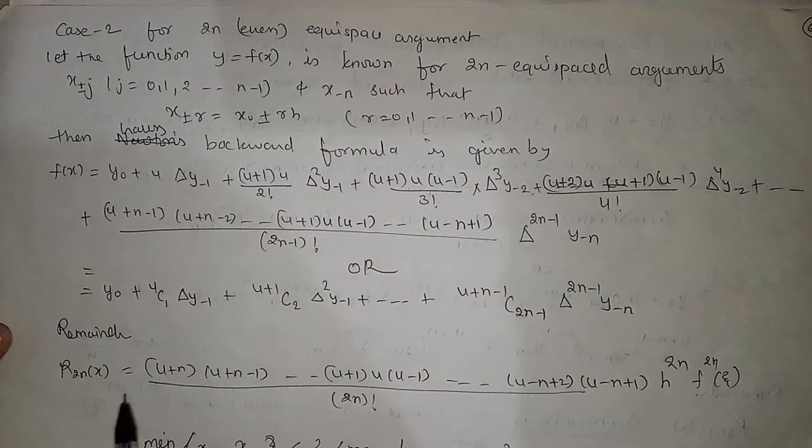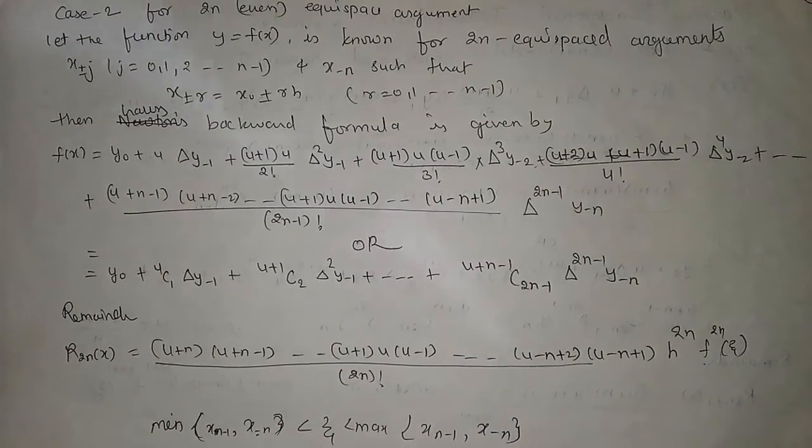For this formula the remainder is the same, and xi lies between the minimum and maximum of the x values involved. So this is the formula for Gaussian backward interpolation.